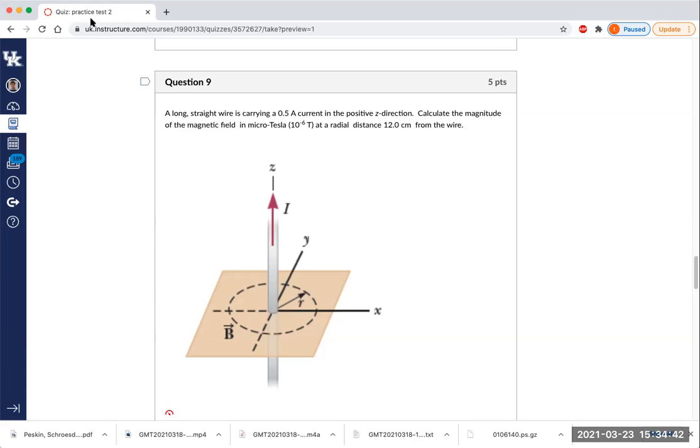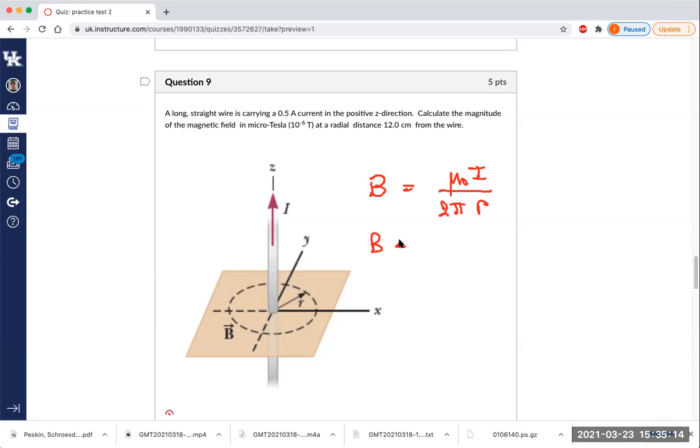And the one for the straight wire is that the magnetic field B equals mu naught I divided by 2 pi r. Now, in this equation, mu naught's the magnetic permeability that characterizes the strength of magnetism. I is the current in the wire, and r is the radial distance from the wire.